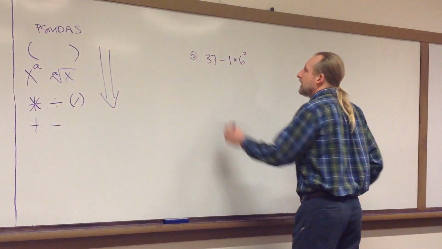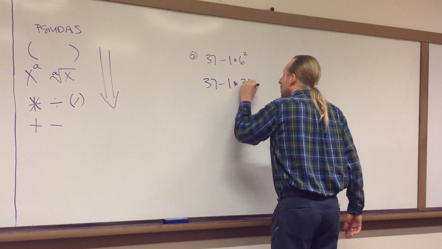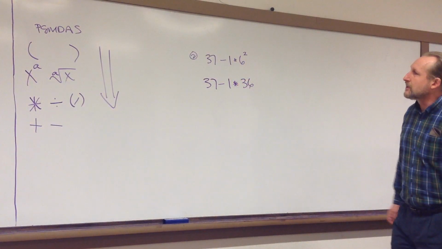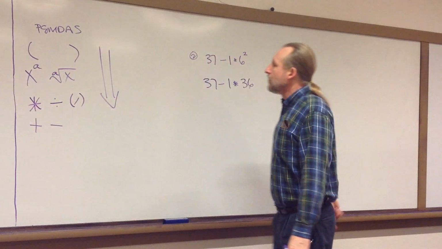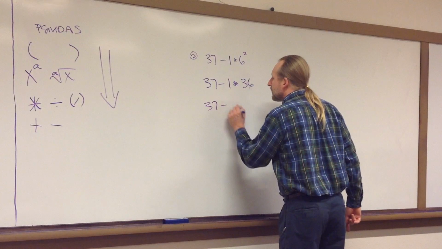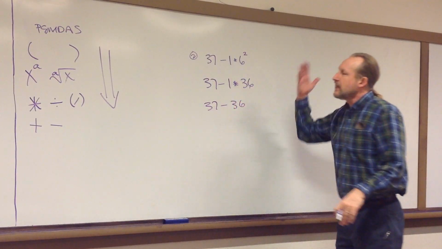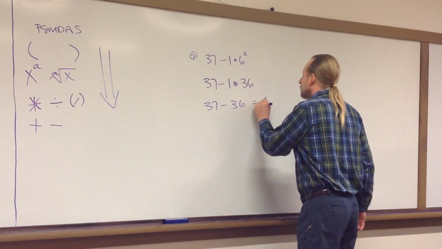Here's an exponent right here. 6 squared is 36. Now, no more exponents or roots. Good. We can do multiplication or division. Here's some multiplication. 1 times 36 is 36. Very last thing we do, subtraction, equals 1.